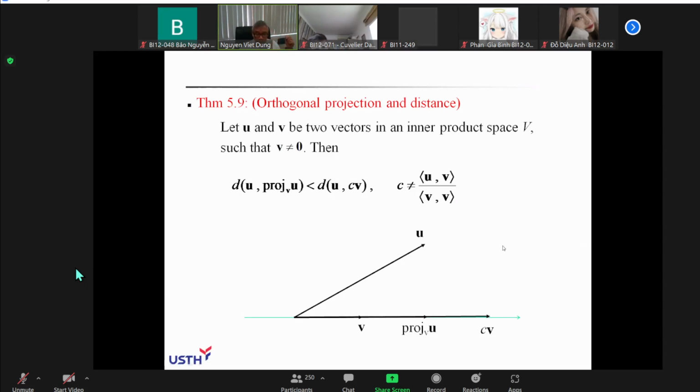Then the inequality says that the distance from U to the projection is always less than the distance from U to any other point of the form CV.